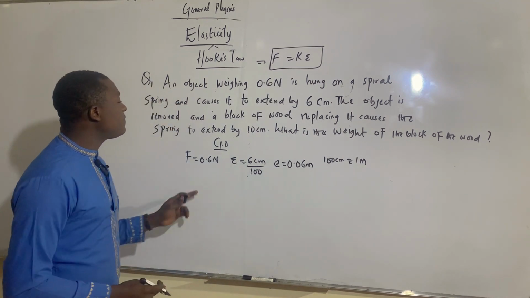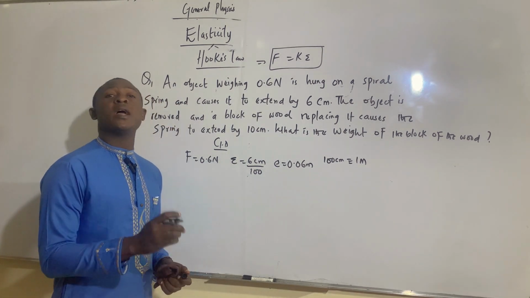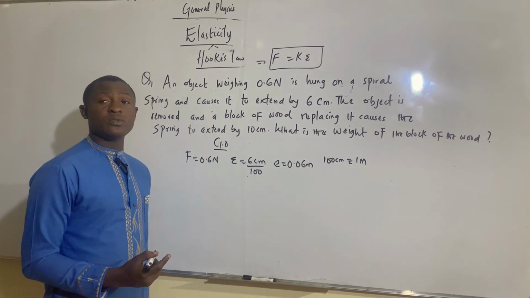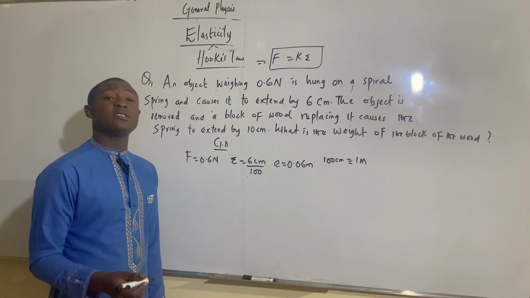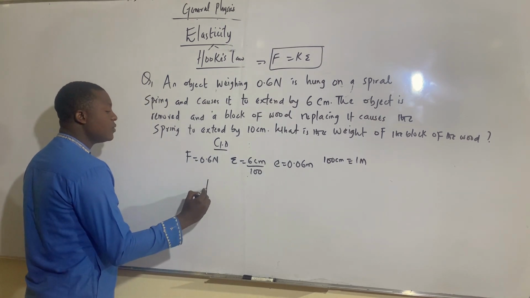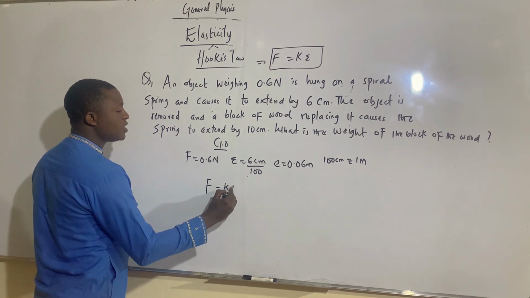Now, even from this first given data, I can easily find my stiffness. When we say stiffness, we are talking about the elastic constant. From the formula we know that F is equal to KE.